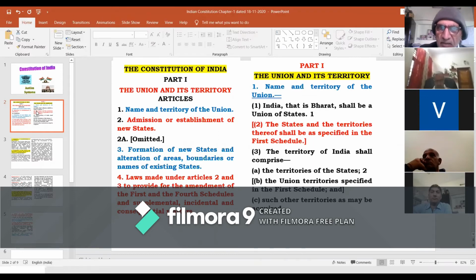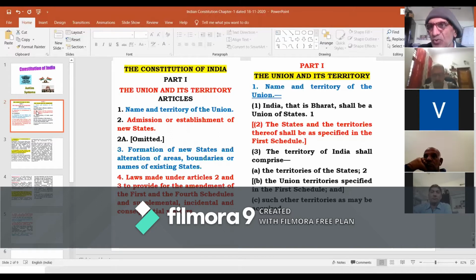Now, Article 4 provides for laws made under Articles 2 and 3. So, admission or establishment of new states will be by laws. Then, formation of new states also will be by laws. And the laws which will be made under Articles 2 and 3 must provide for it.